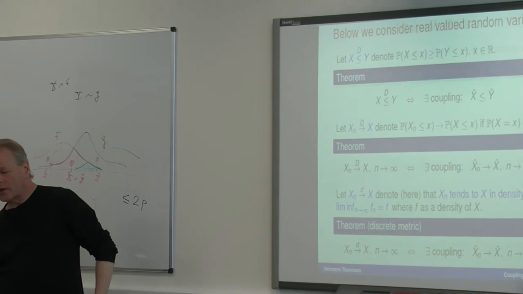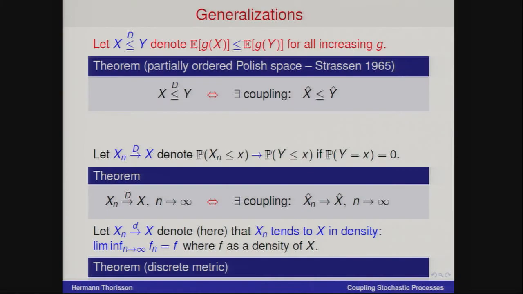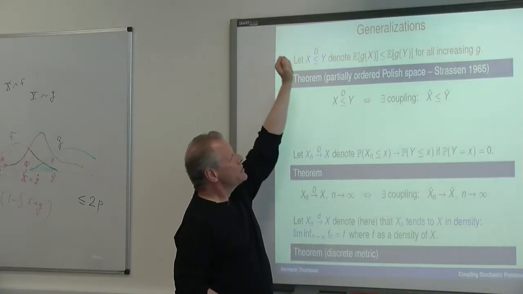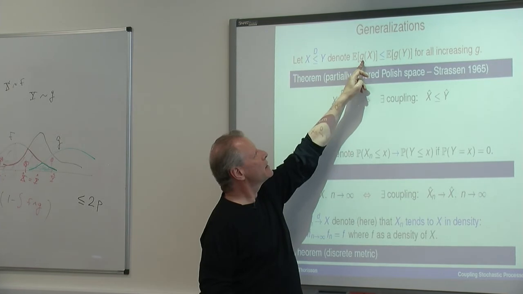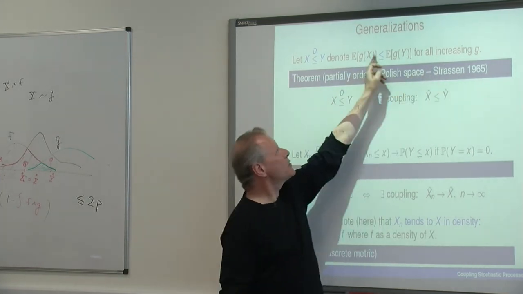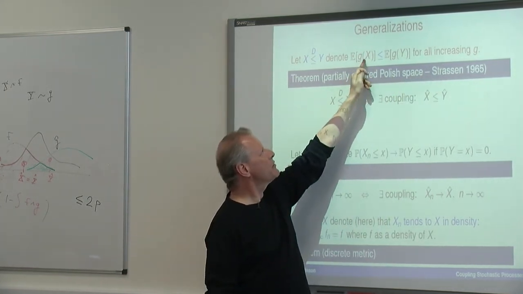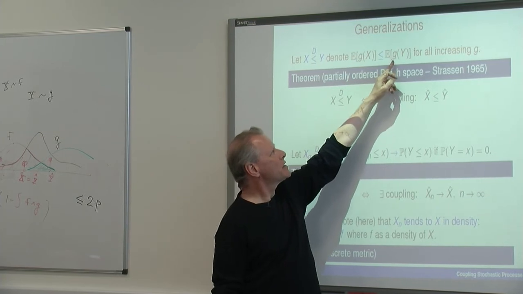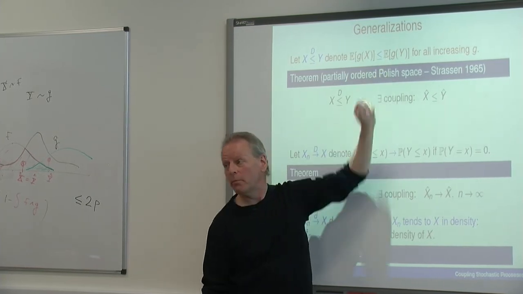So how far can this be generalized? Well, this theorem can actually extend all the way to partially ordered Polish spaces, proved by Strassen in '65. Stochastic domination means that if you take an increasing function g, the expectation of g of x should be less than or equal to the expectation of g of y.